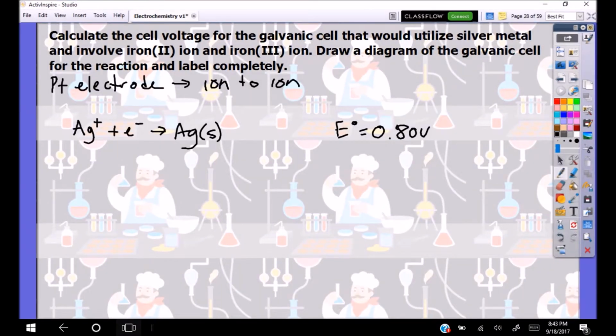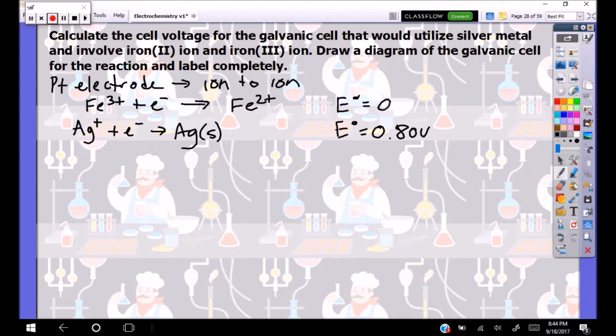That has a value of 0.77. Iron 3 plus an electron gives us iron 2 plus, and our cell potential is 0.77 volts.